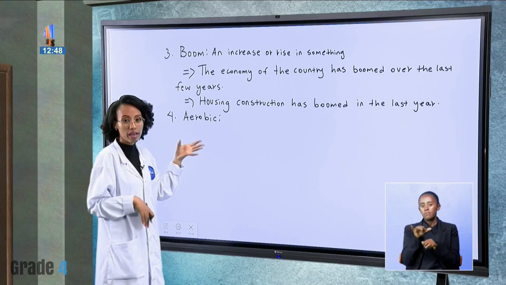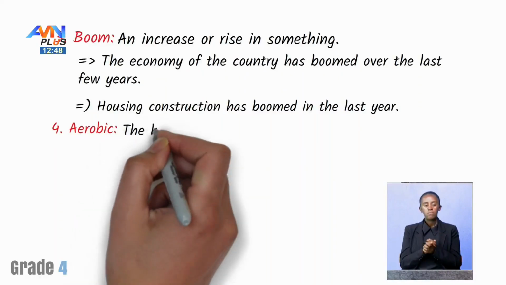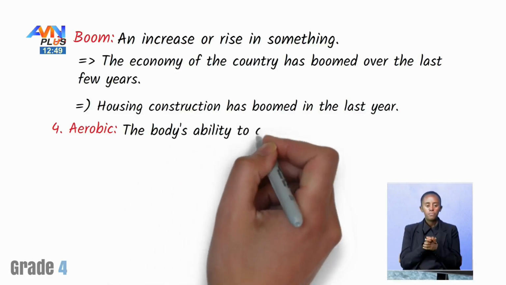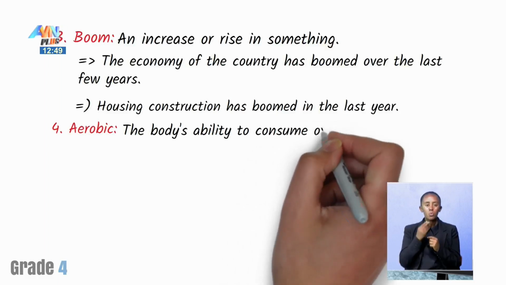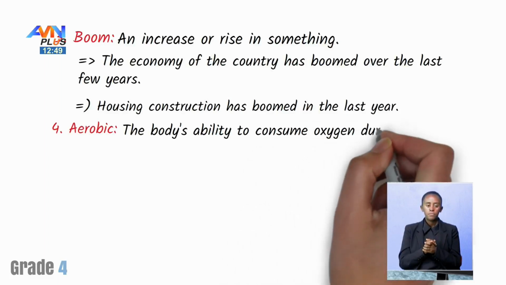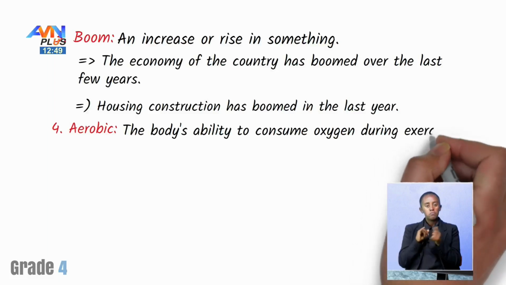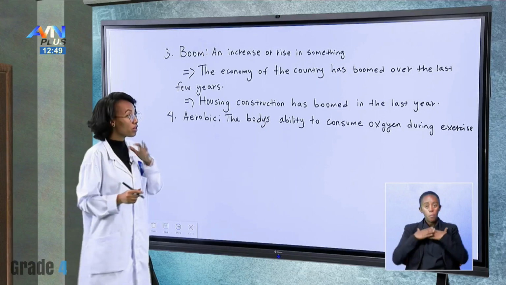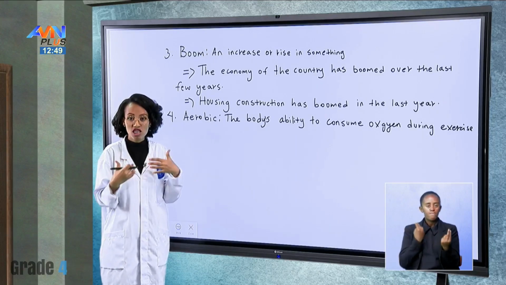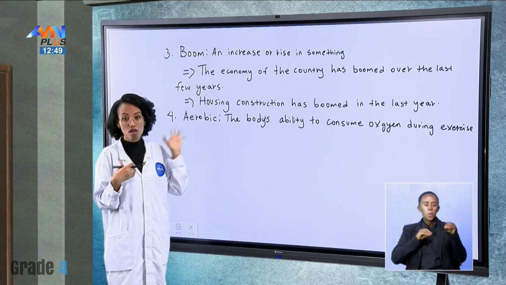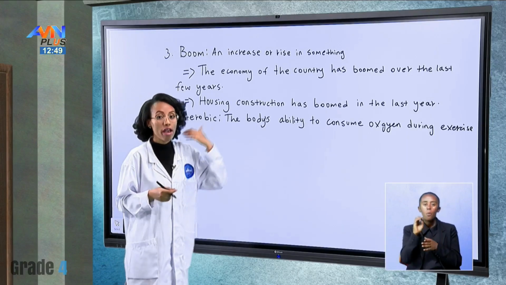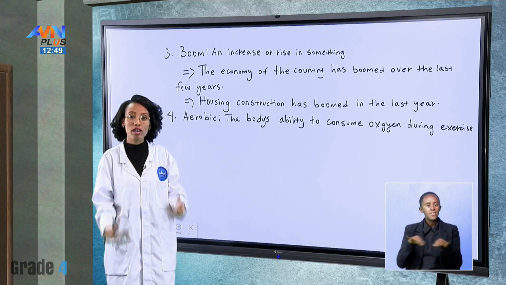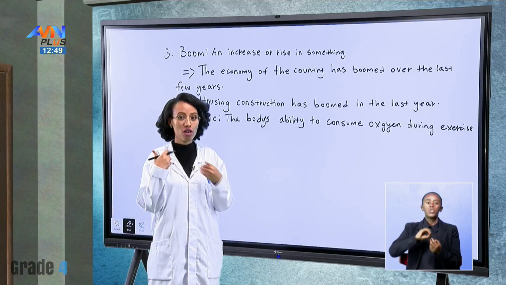So aerobic means the body's ability to consume oxygen during exercise. So if people say aerobic exercise, it means exercises that require your body to consume oxygen during those times, okay?